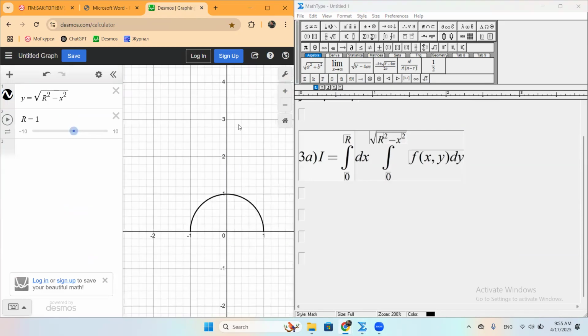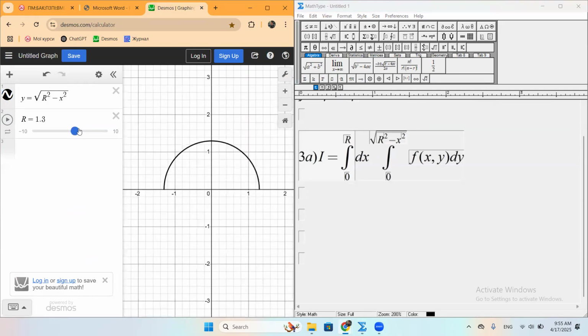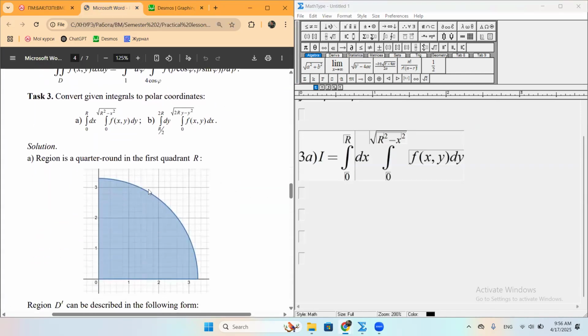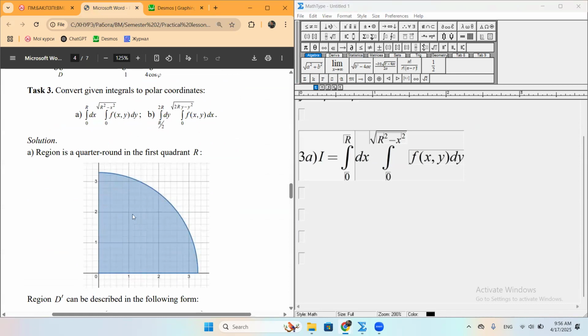So this is the following. And also x is between 0 and r. So this is a quarter of the circle.